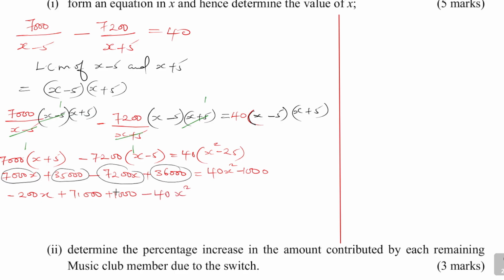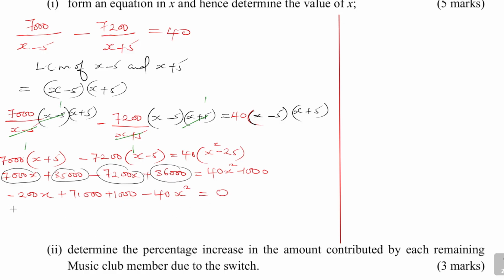So what I've done, I've simply taken this negative 1,000 to the left hand side by adding 1,000 to both sides, and that is what I got. Then I've subtracted 40x squared from both sides, so that on the right hand side I'll remain with 0.